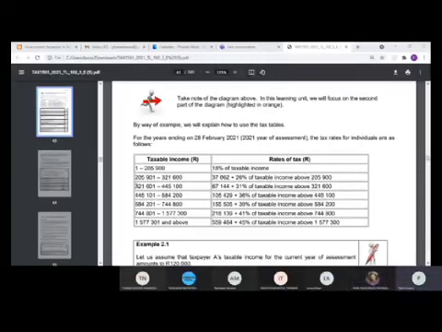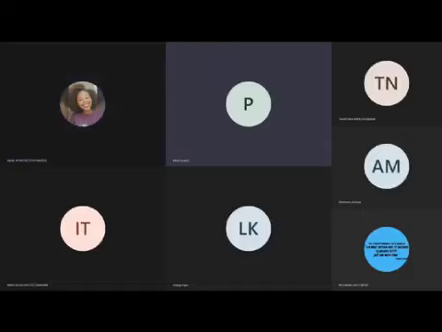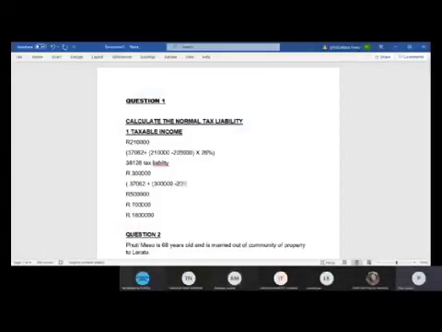So what is the figure of the second one? 300,000. Then it would be 300,000 minus 205,900, times 26%.